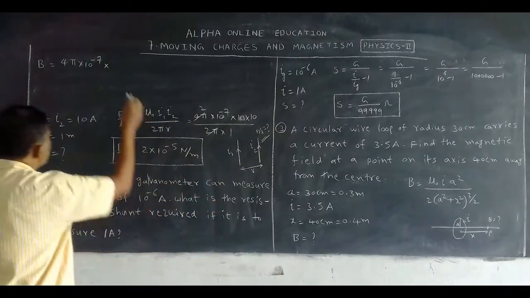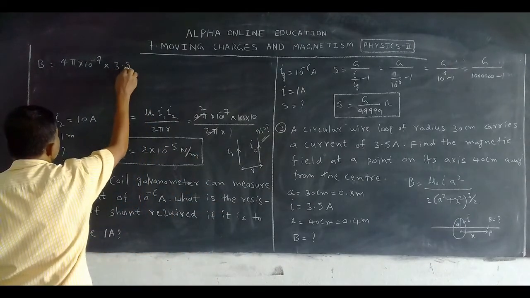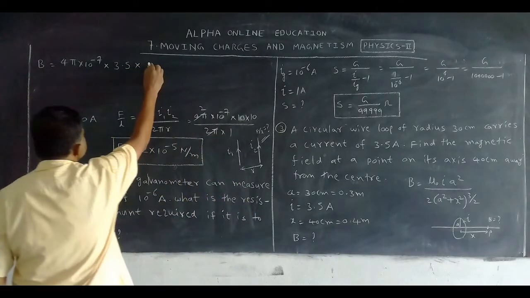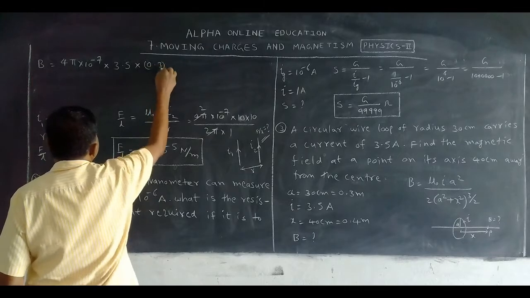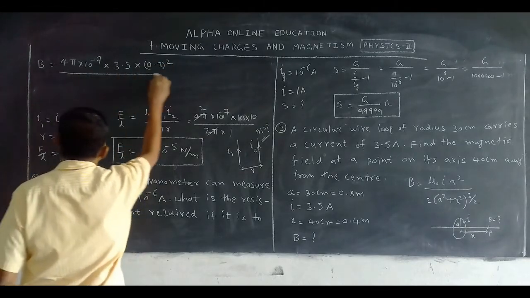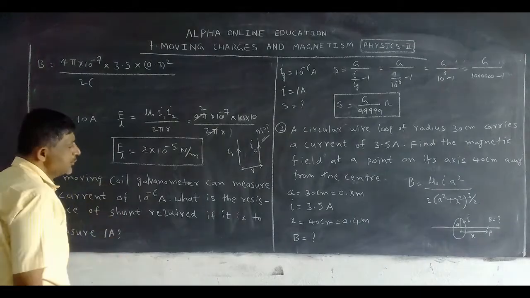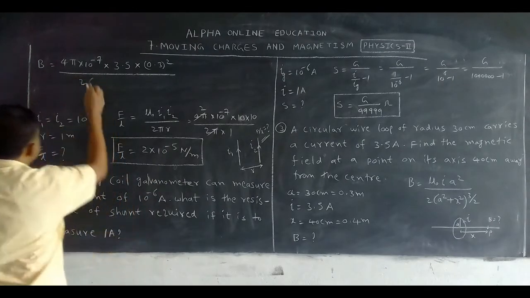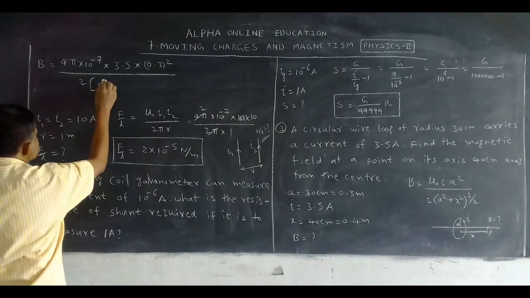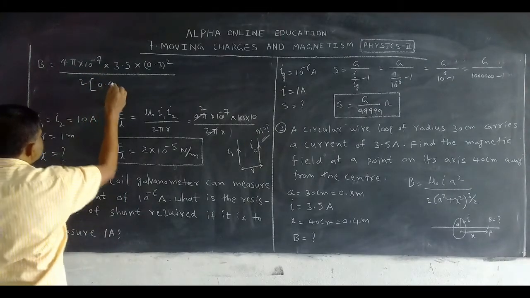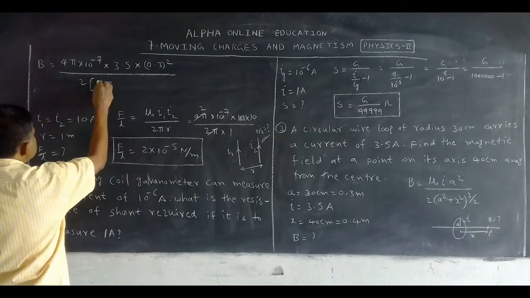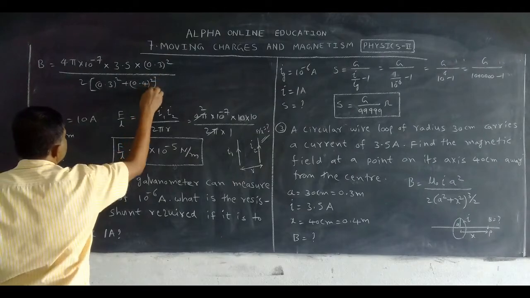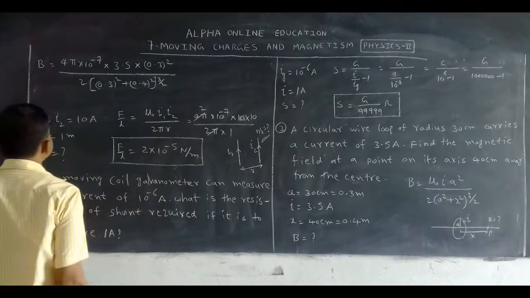I. How much is I? 3.5 into, what about A? 0.3 meter square by 2 into, what is there? A square. So now I want to write like this, 0.3 square plus 0.4 square whole power 3 by 2.